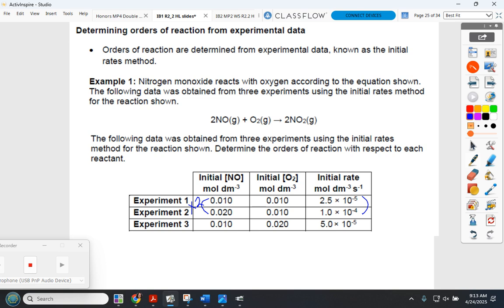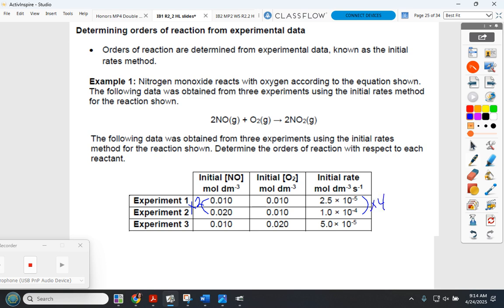You might initially, for a moment, look at this and say it's not faster, it's 1 versus 2.5. But no, pay attention to the exponents in the scientific notation. Rates are almost always going to be shown in scientific notation in these kinds of problems. So what is the relationship between 2.5 times 10 to the negative 5th and 1.0 times 10 to the negative 4th? Luke. Yep, so this is 4 times faster.